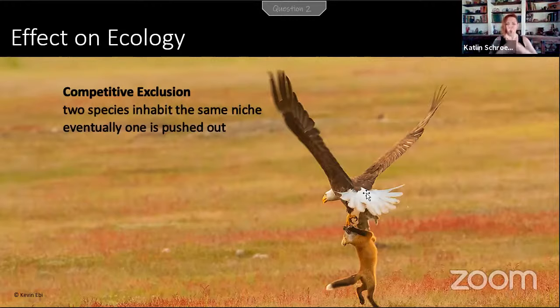And over long enough periods of time, we might actually start to see something called competitive exclusion, where one species actually gets pushed out of an ecosystem because of competition from another. And here, once again, we see body size starting to come into play because the bigger you are, the faster you reach competitive exclusion.